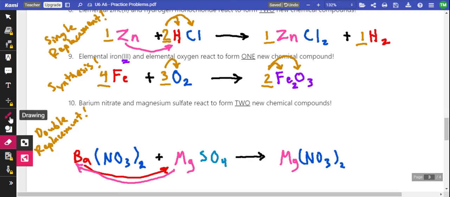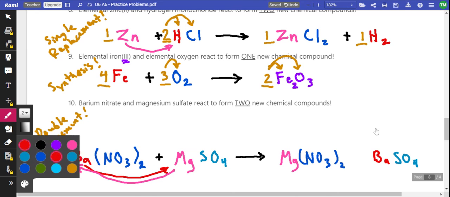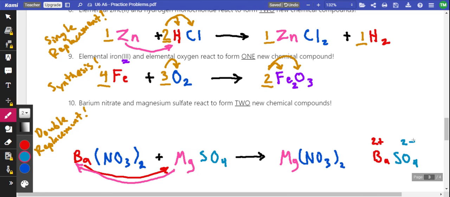Now, what about the other thing we make? Okay, well now our barium is going to be in the spot of the magnesium, and it's going to be paired up with sulfate. Barium has a positive 2 charge. Sulfate has a negative 2 charge.